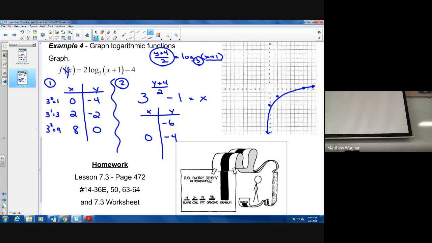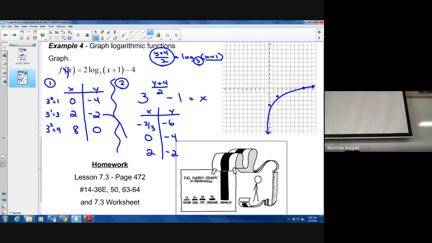Negative 2 divided by 2 is negative 1. 3 to the negative 1 is 1/3. Minus 1 is negative 2/3. Then I'm going to go 2 the other way. Negative 2 plus 4 is 2. 2 over 2 is 1. 3 to the first is 3. 3 minus 1 is 2.